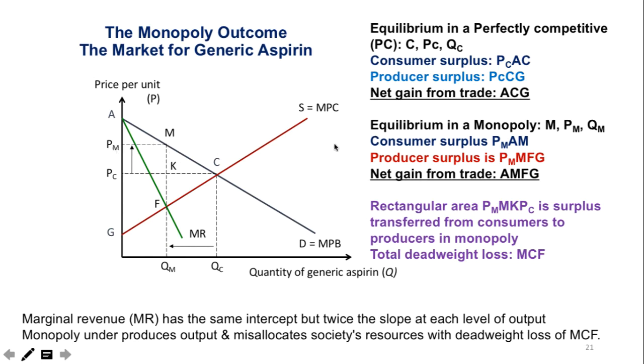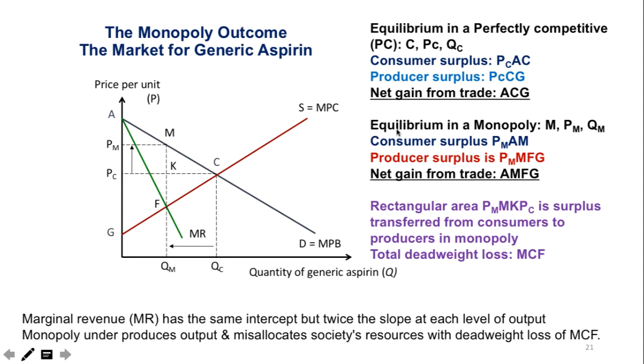So comparing with the perfectly competitive market, you see that monopoly has a higher price and a lower quantity, right? So let's calculate the consumer and producer surpluses here.